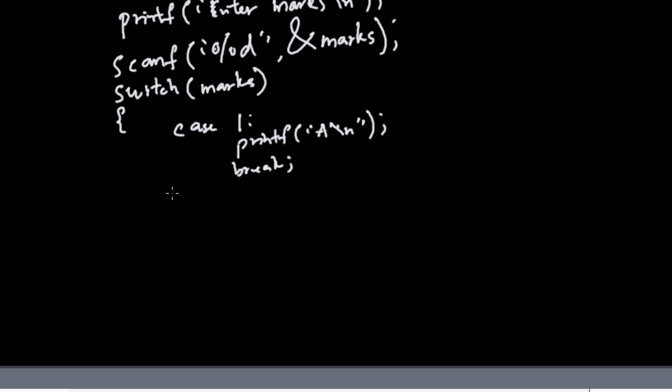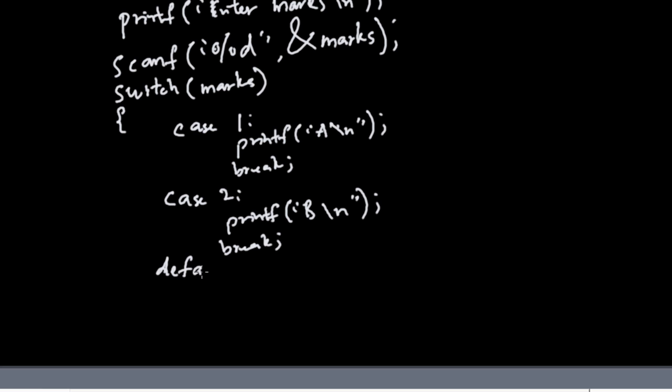Now, next we have case 2, printf B. We also have a break. And next is optional for the programmer to put in a default or not. The program will still run without a default. Printf error.